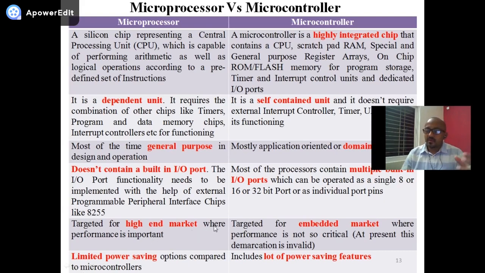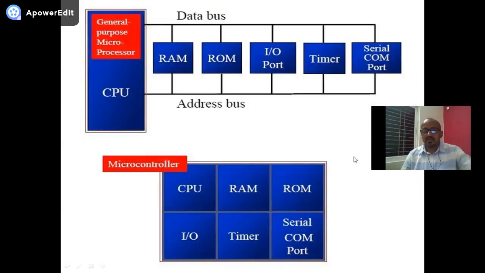So when I am not using it, when I keep it idle, it has to shut down its operation. This power saving feature is all incorporated in the microcontroller used in a mouse. So this is the slide which gives the clear distinction between the microprocessor and microcontroller. Here everything is externally connected: RAM, ROM, IO port, timer and serial, and in a microcontroller all these are on a single chip.